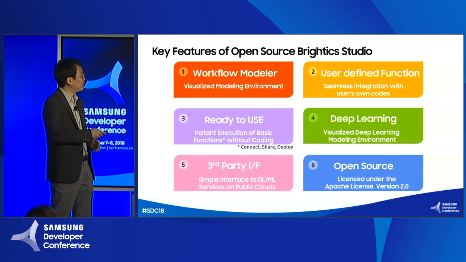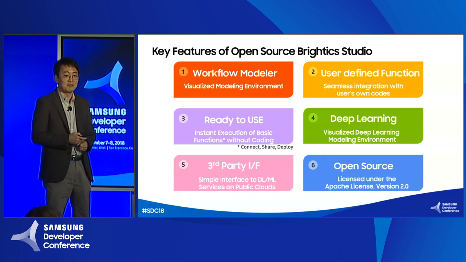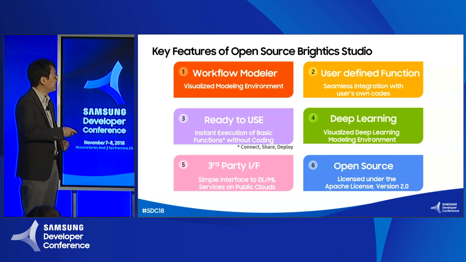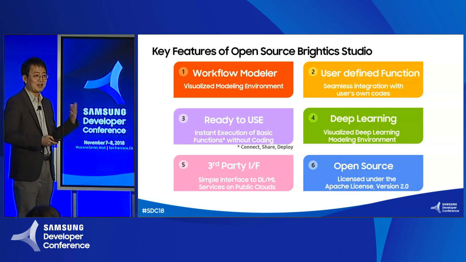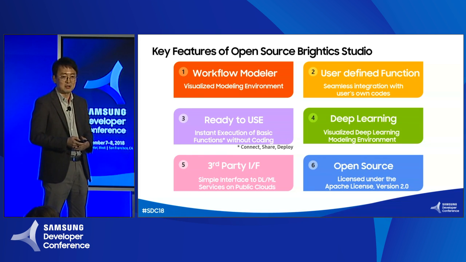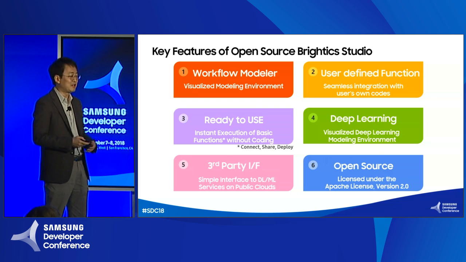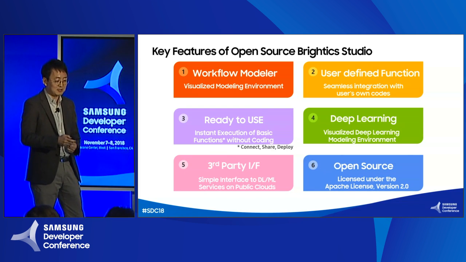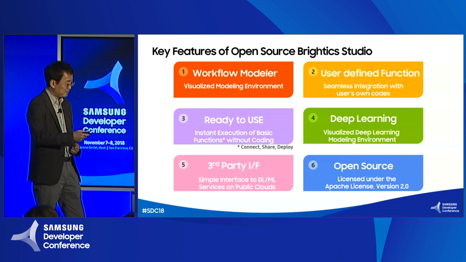But here we are providing a visualized deep learning environment. The fifth feature is the third-party interface: there are deep learning and machine learning services on the public cloud, and we provide an interface to them. And finally, it is open source under the Apache license version 2.0.